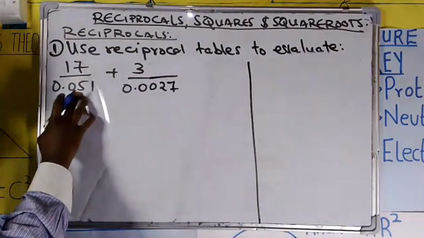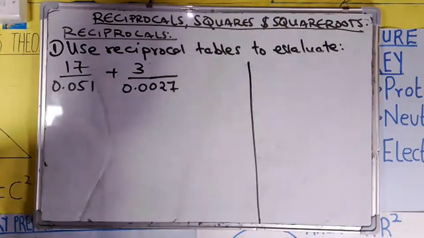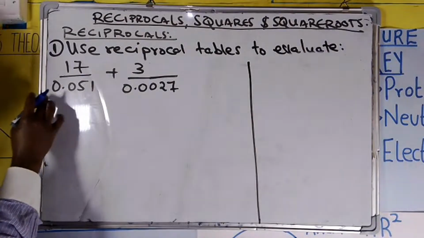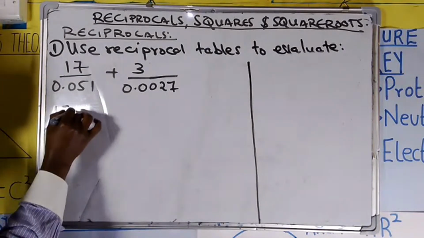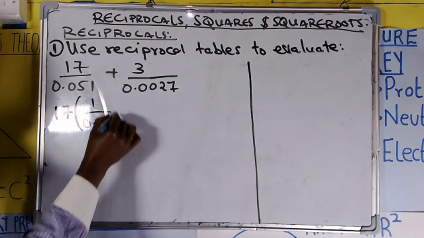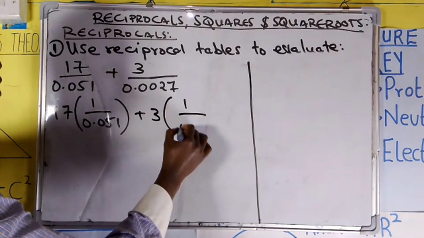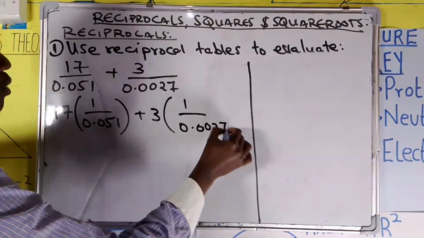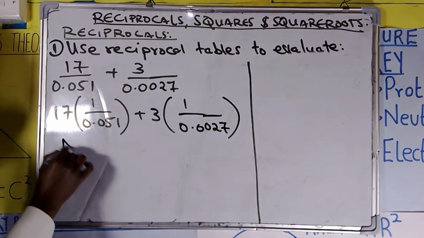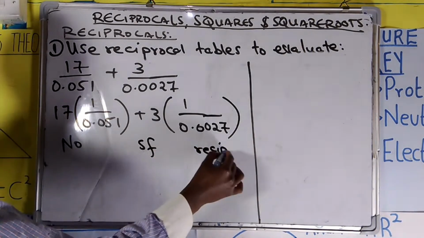For us to solve this using reciprocal tables, it simply means it is 17 multiplied by the reciprocal of 0.051 plus 3 multiplied by the reciprocal of 0.0027. So we can come up with a table of number, standard form, then reciprocal.